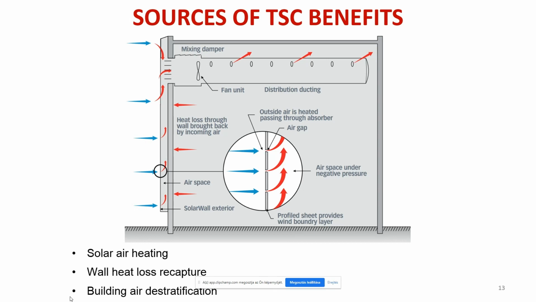Another thing is the building air destratification. It means, well, this is quite independent from the THC. It's just the effect of the distribution of the air inside of a building. The warm air would, from its nature, rise inside of a building and accumulate below the ceiling.